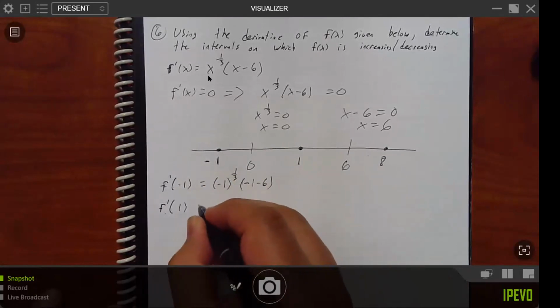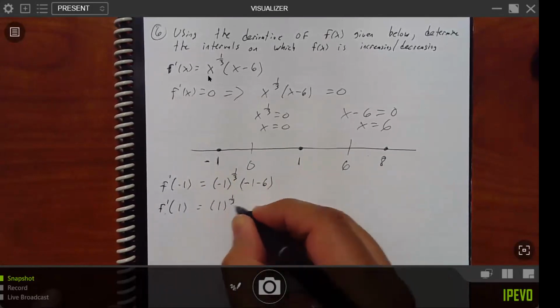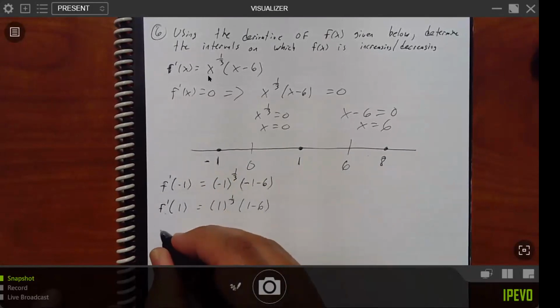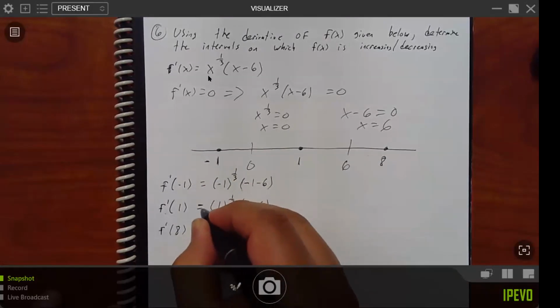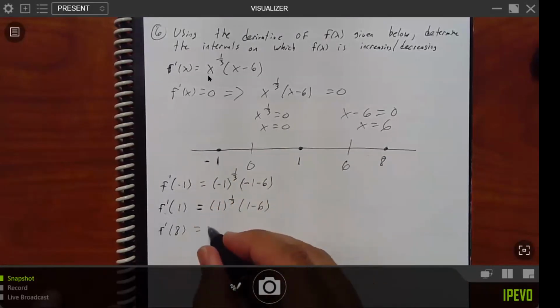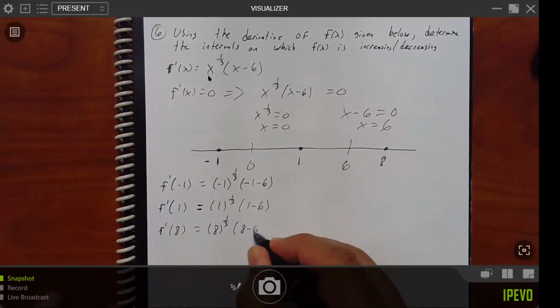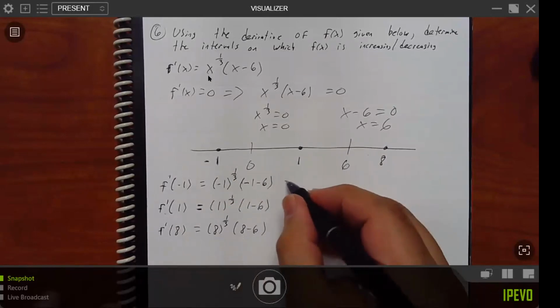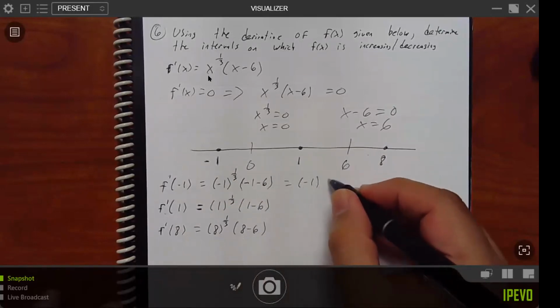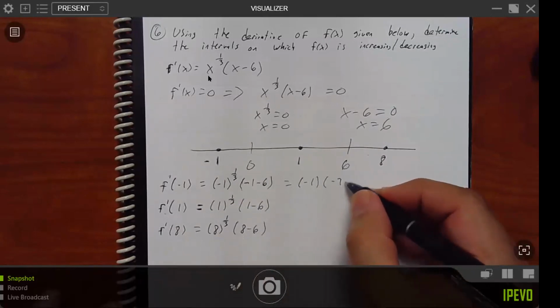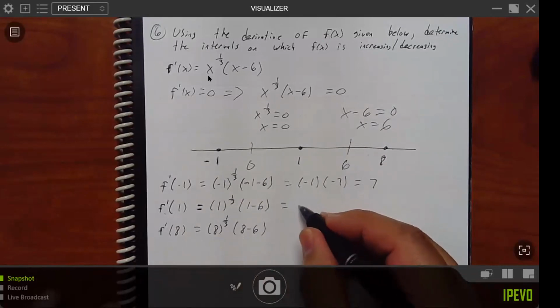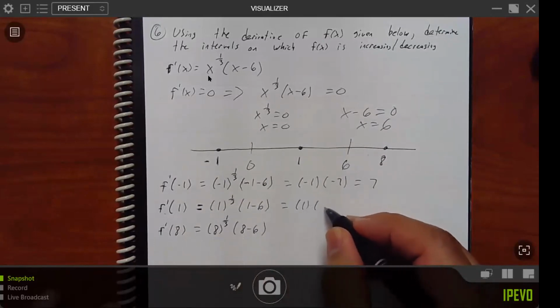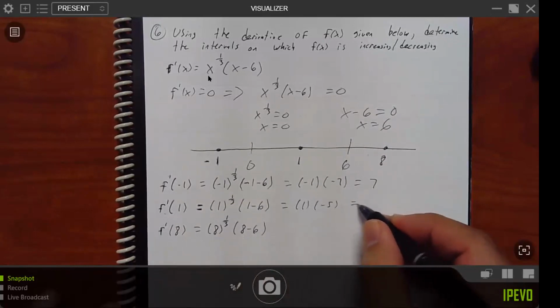Then we're going to do 1. That'll be 1 to the 1/3 times 1 minus 6. And the derivative at 8. Okay. So this will be -1 times -7, right? Which is 7. This will be 1 times -5, which is -5.